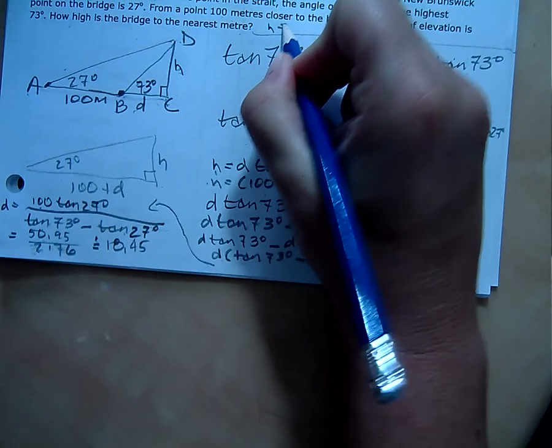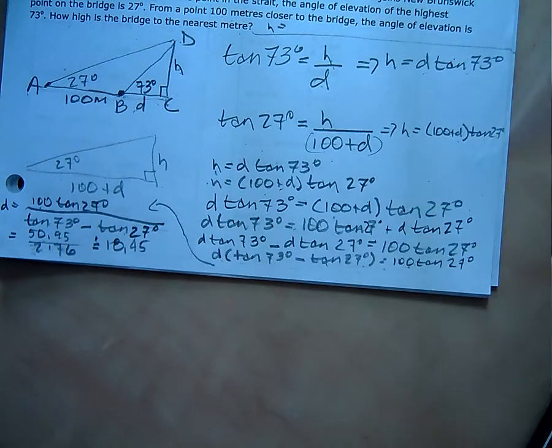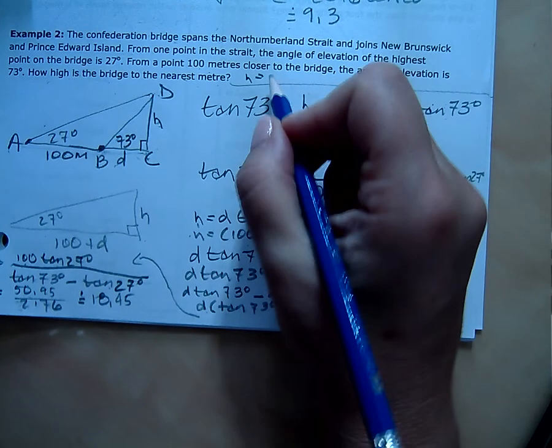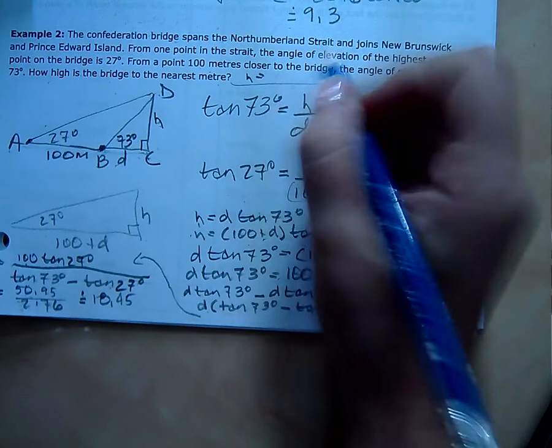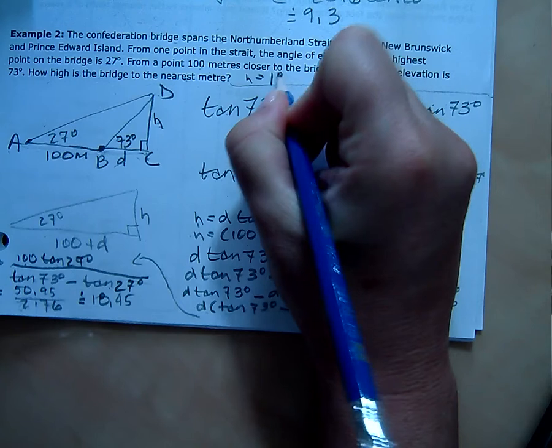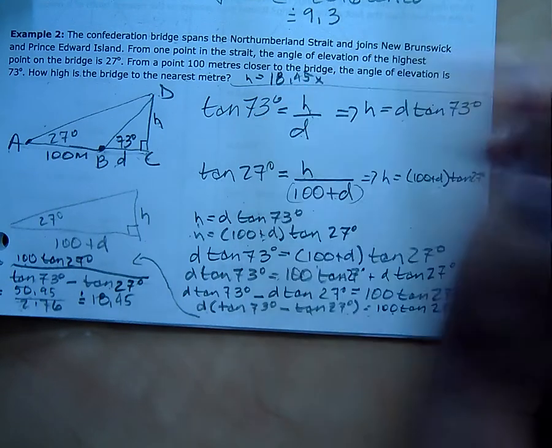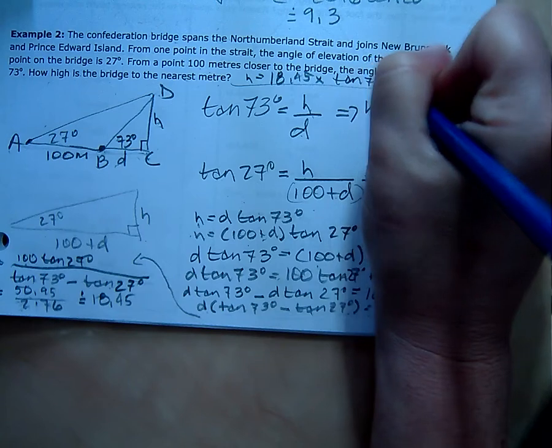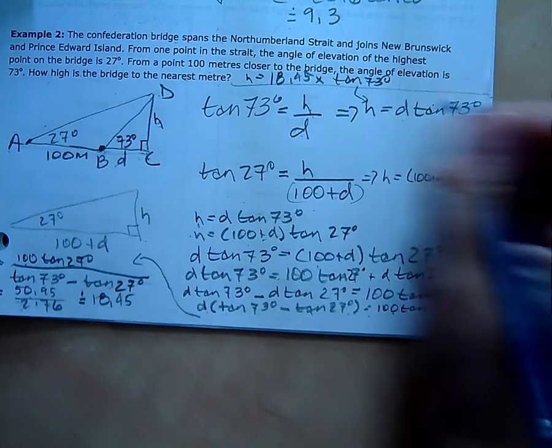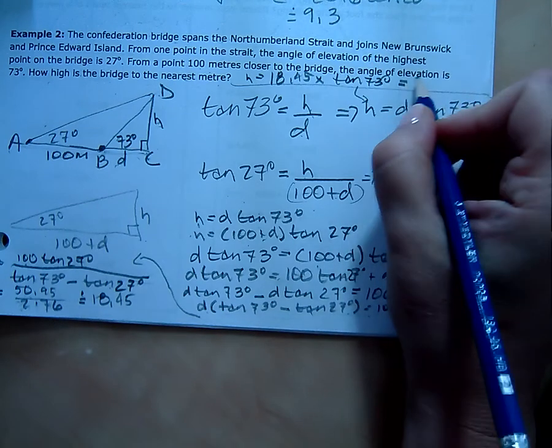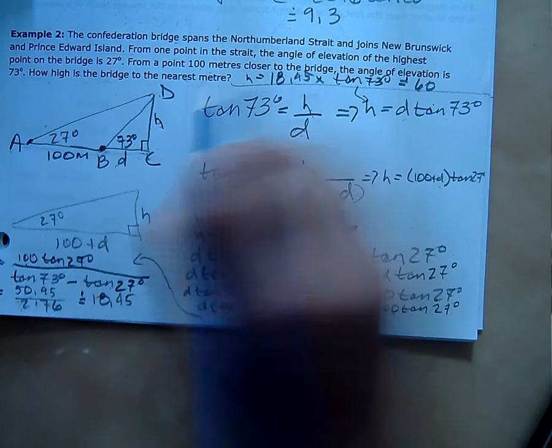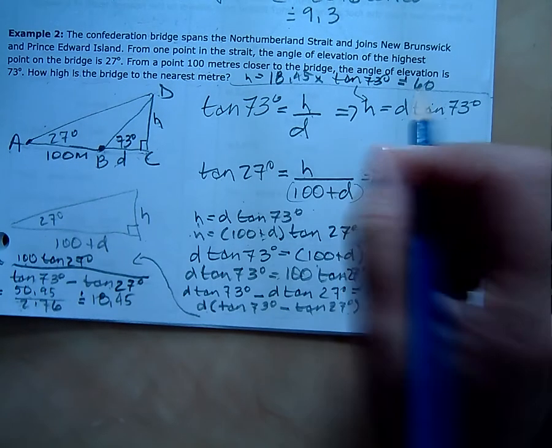H equals 18.45 times tan 73 because of that. And that equals about 60 to the nearest meter. I got 60.34, and so on.